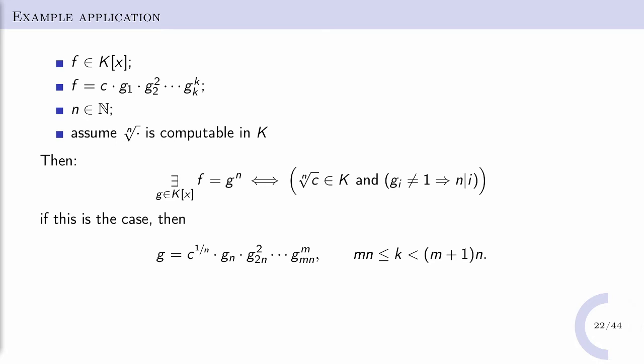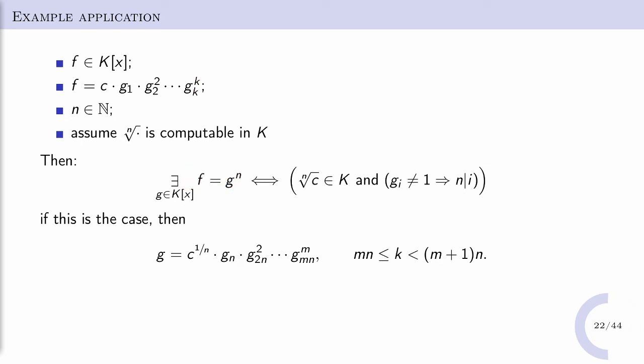Now let me do the first application of the square-free decomposition. The first and most simple application is to detect when a polynomial is a power of another polynomial. So f is a polynomial, and we want to know if it is an nth power of another polynomial. If we have the square-free decomposition of f, this is really easy to answer.